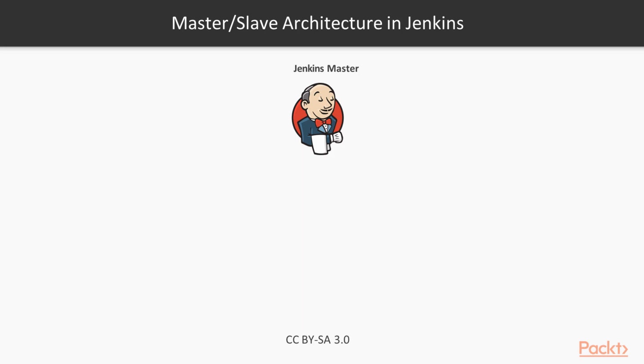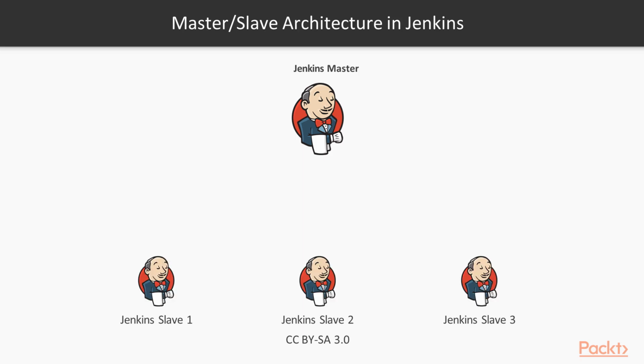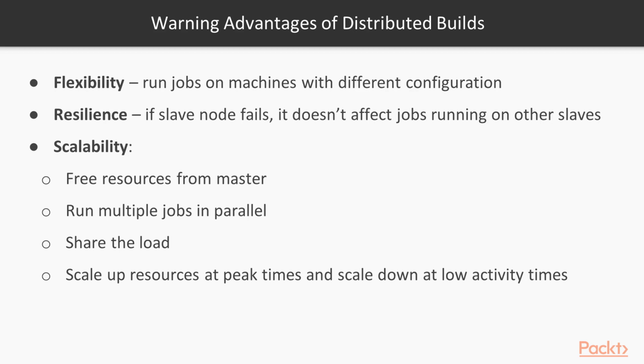In such a configuration, you have a Jenkins master and several Jenkins slaves, also called agents or workers. The Jenkins master becomes a scheduler and distributes the builds across the slave nodes. For example, it sends the first job to the first slave, the second job to the next available slave, and so on. The master-slave configuration allows you to distribute the builds, and this has several advantages.